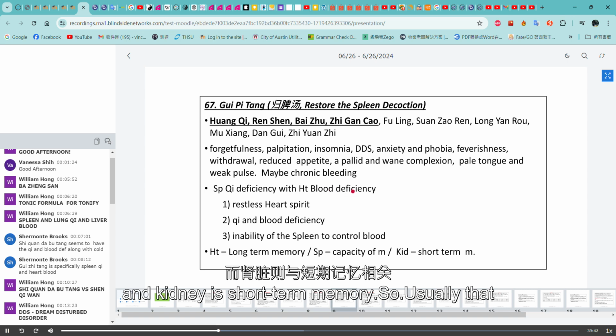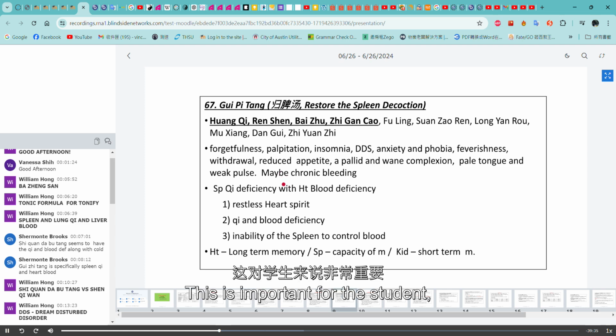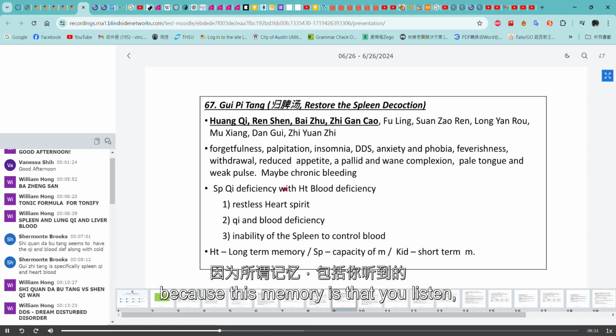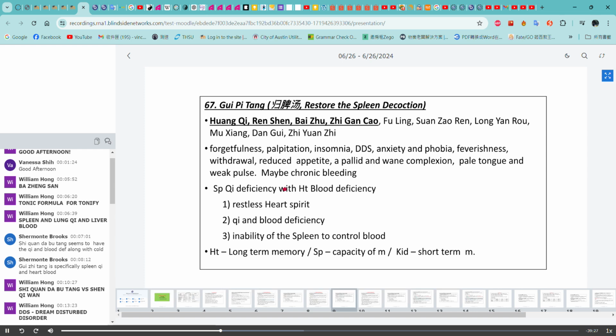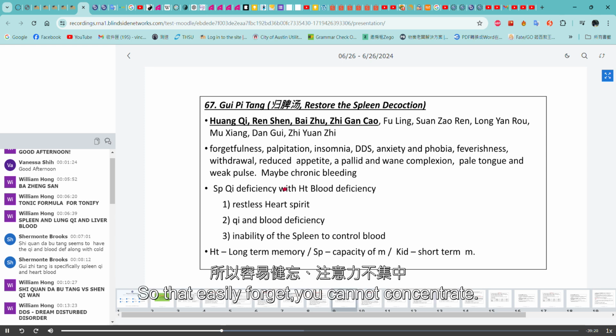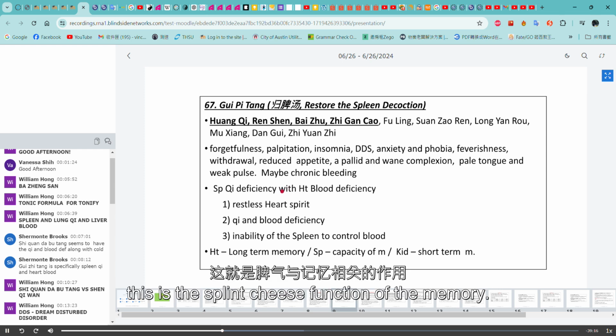Usually this is spleen Qi deficiency. This is important for students, because memory means you listen, you understand, and process to make this information available. So if there is spleen Qi deficiency, that function is limited, so you easily forget and cannot concentrate. This is spleen Qi's function of memory.